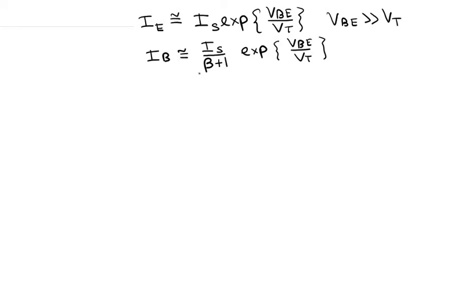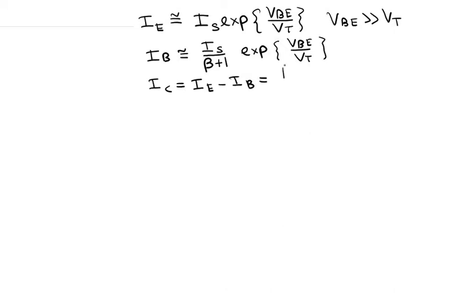We will discuss the significance of this quantity beta later, but right now, just know that because the base current is a fixed fraction of the emitter current, we can divide the emitter current by this factor beta plus 1 to get the base current. Then the collector current is IE minus IB.